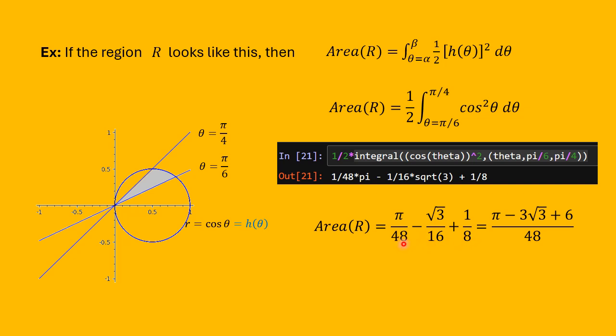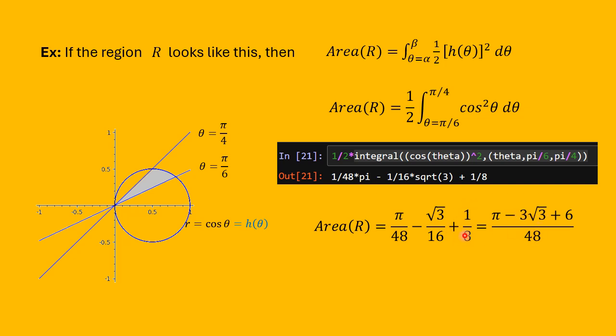If we look at these three fractions' denominators, we can see that the lowest common denominator in this case is 48. So pi over 48 is pi over 48. 3 square root of 3 over 16, if we multiply both numerator and denominator by 3, that's going to give us minus 3 square root of 3 over 48 here, plus 1/8.